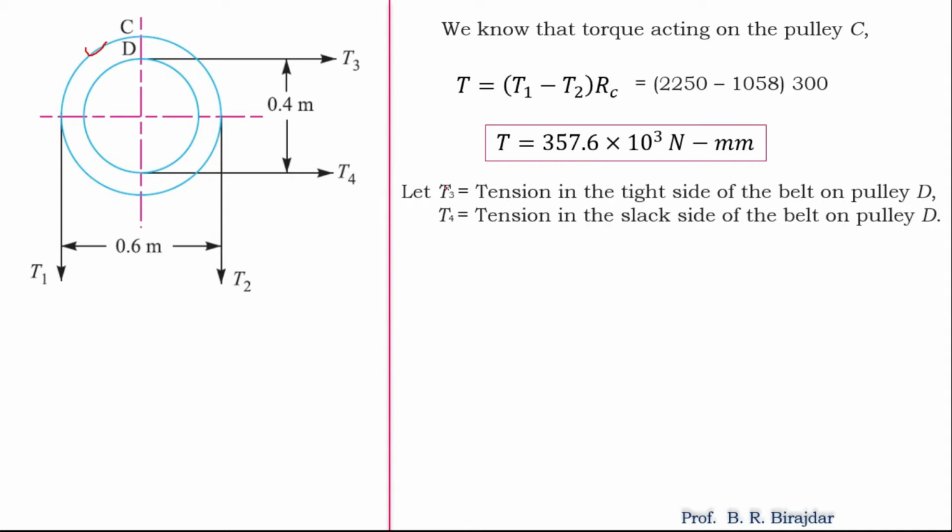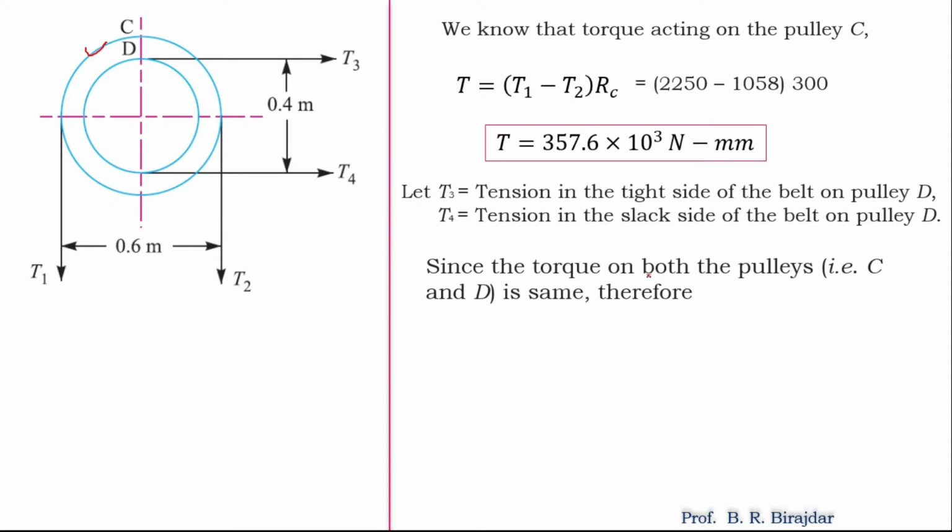Then similarly T3 and T4 are the tension on the tight side and the slack side, right? Since the torque acting on pulley C and pulley D, the torque acting on both pulleys is the same, therefore we will try to find out the torque, right?